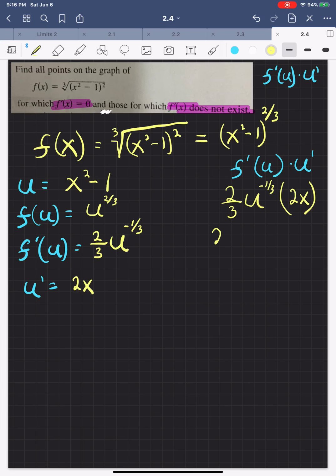So now I have 2/3 times x squared minus 1 to the power of negative 1/3, multiplied by 2x. Okay, so this is my derivative.